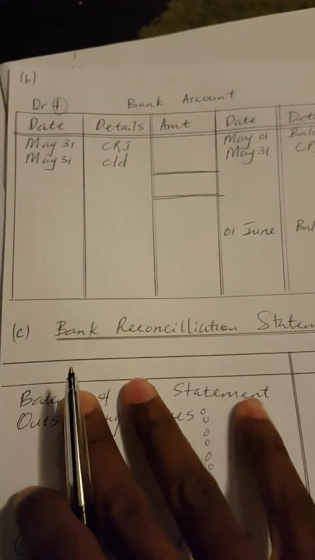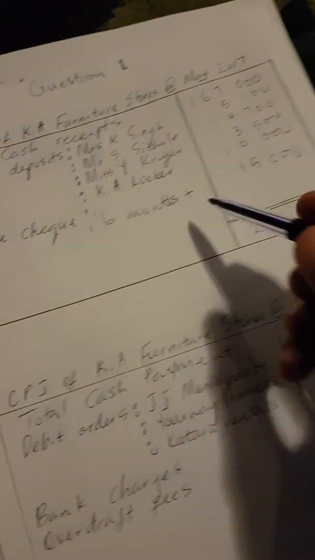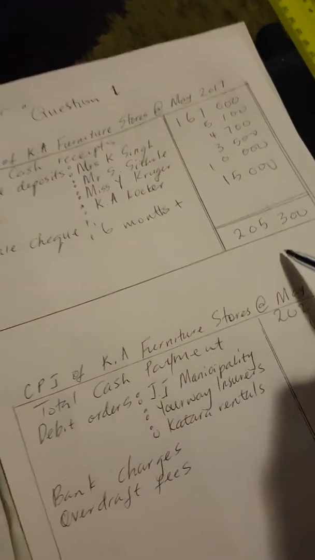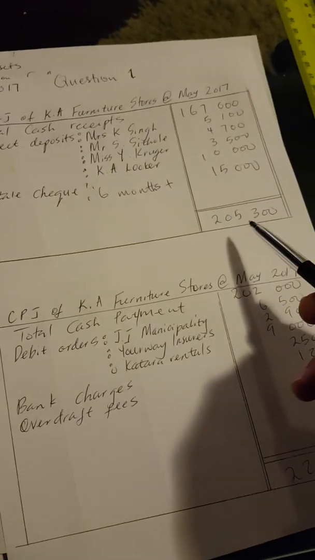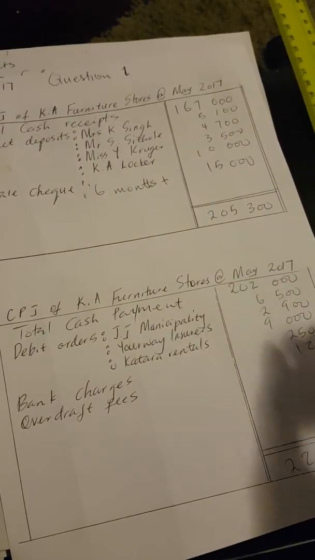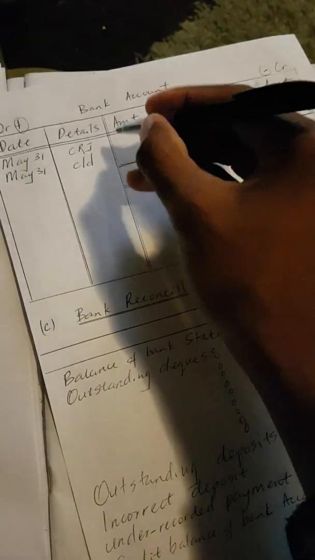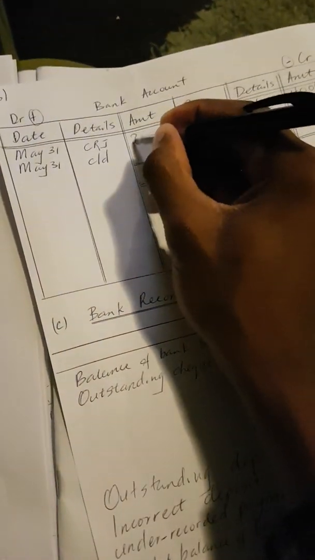Now, how much was our CRJ after the adjustment? After the adjustment, our cash receipt journal was 205,300.